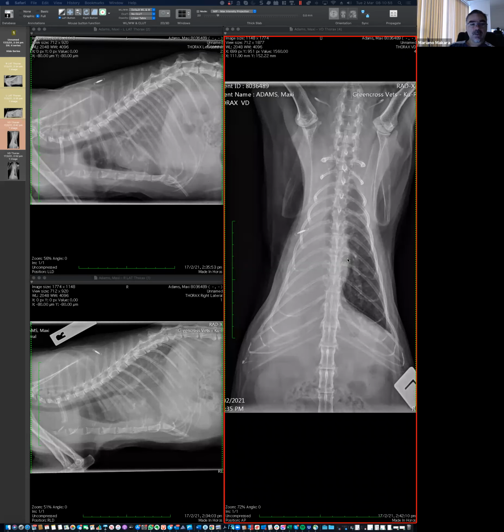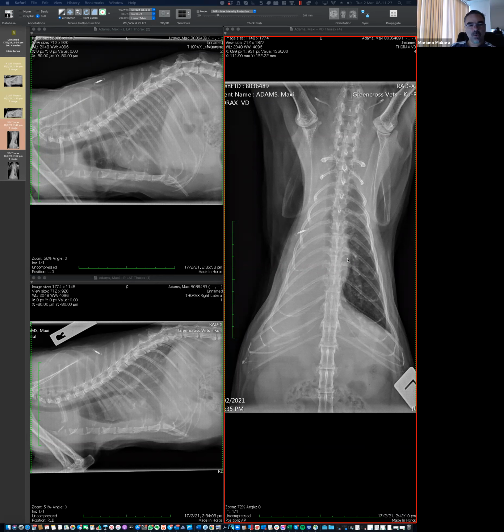Then the other one I find more interesting. It's the idea that whatever is in that hemithorax is not acting like a mass. In a sense, it's not displacing the heart. And in my eyes that is extremely important information. It's not that we put something there and it's big and growing and pushing the heart away.